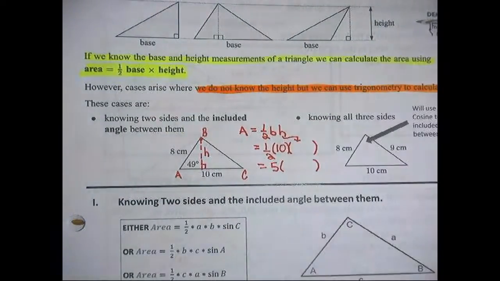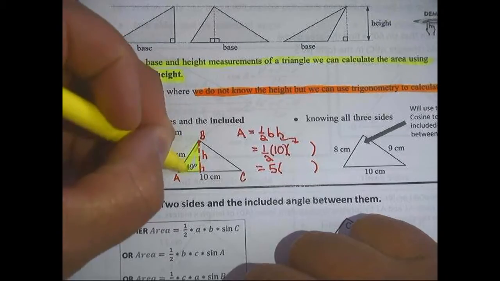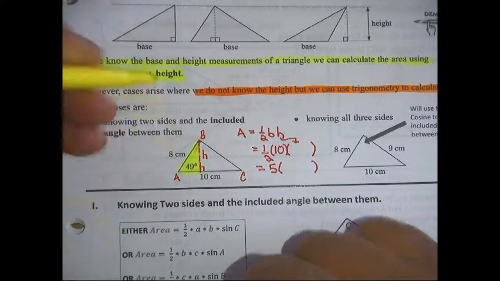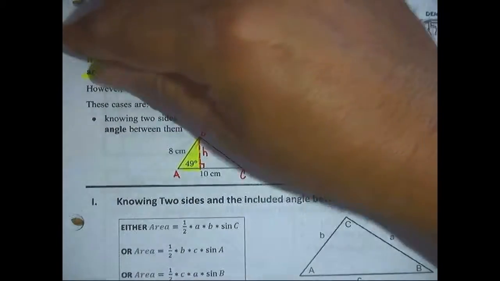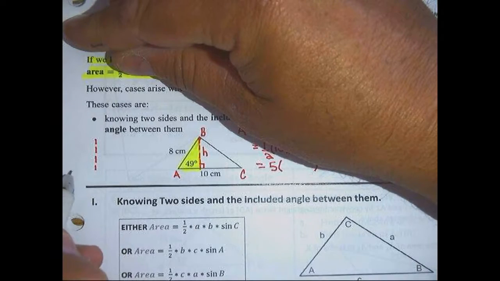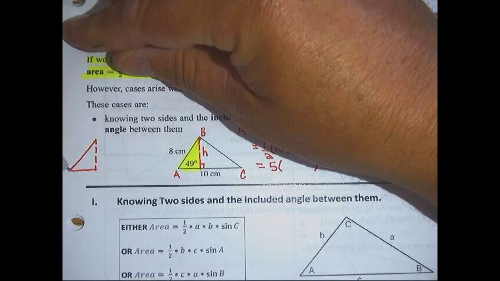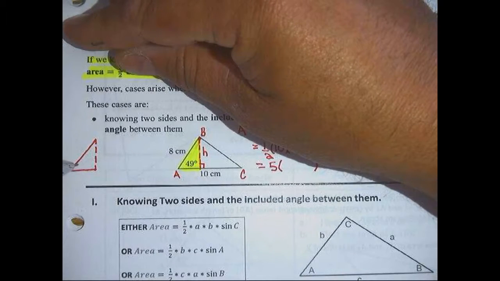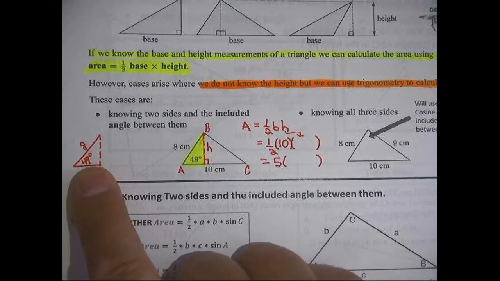Okay, so if you took this triangle, I'm going to draw it over here to the side. Okay, this is 49. This is 8. Now, that's one of our right triangles.